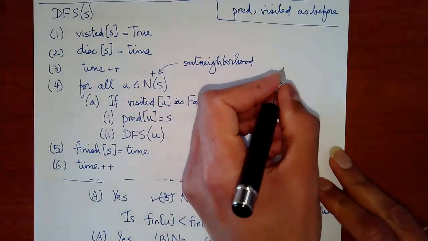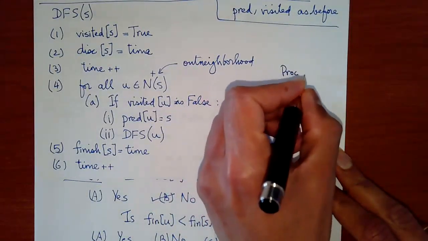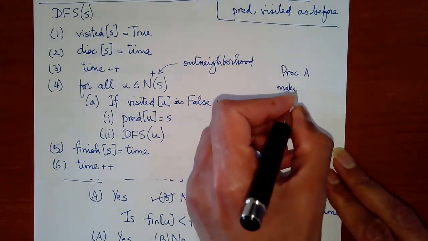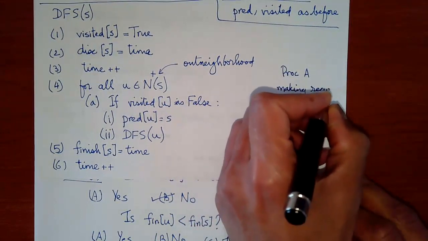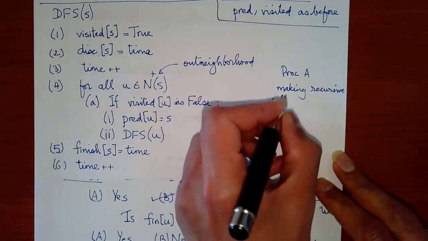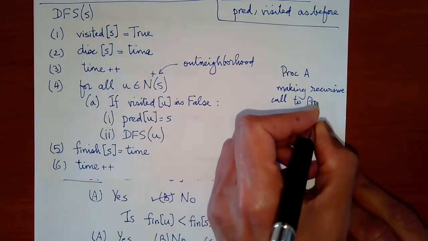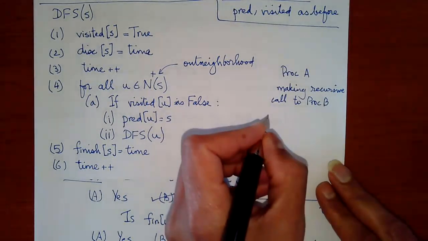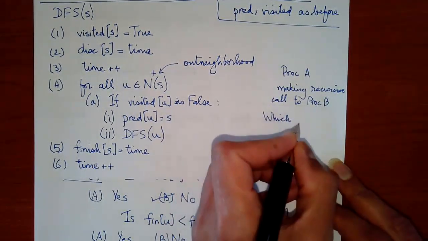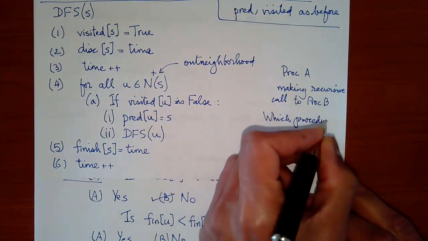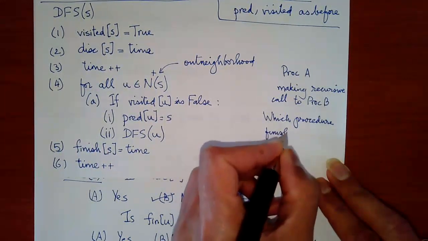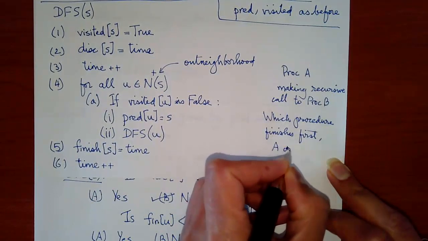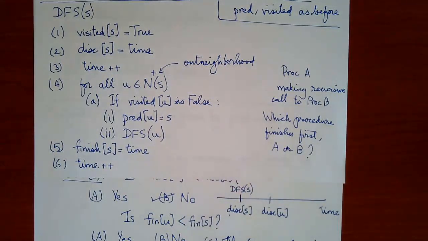Suppose you have a procedure A making a recursive call to procedure B. Think about which procedure finishes first, A or B. Just think about that.